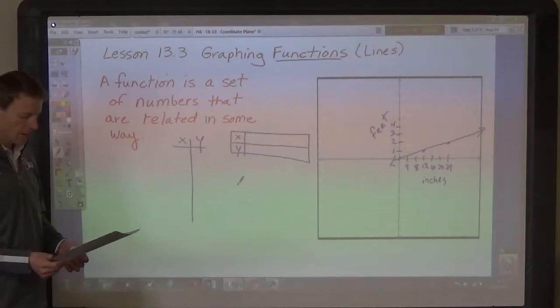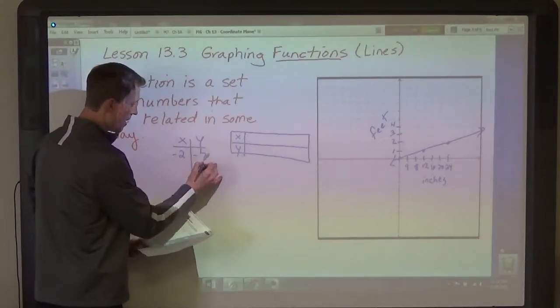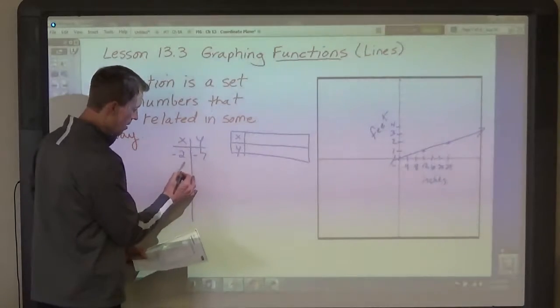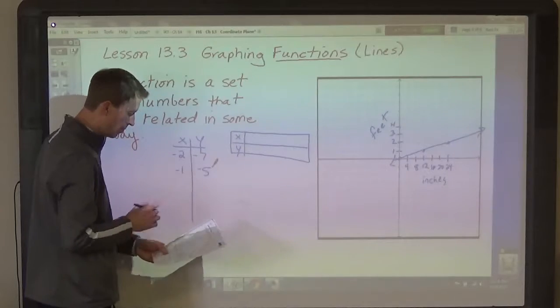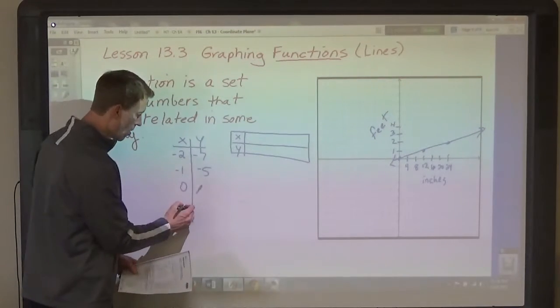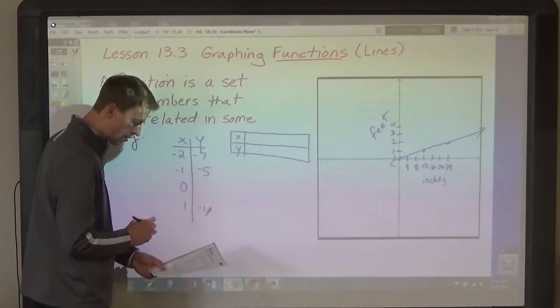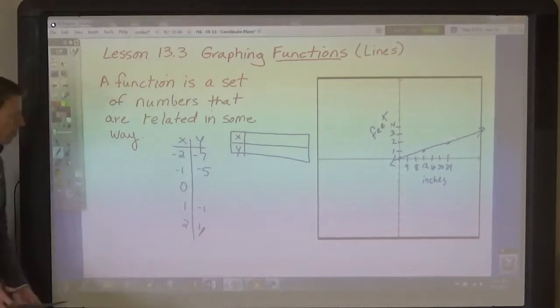Okay? Number 1 has the numbers written in. So find where it says -2, -7, -1, -5, 0, and then there's one missing. 1, negative 1, and 2, comma 1.